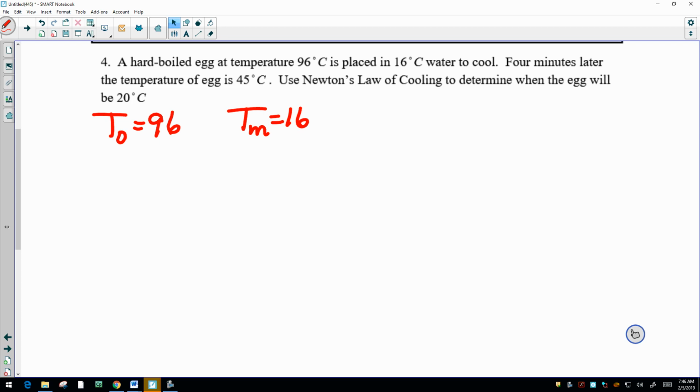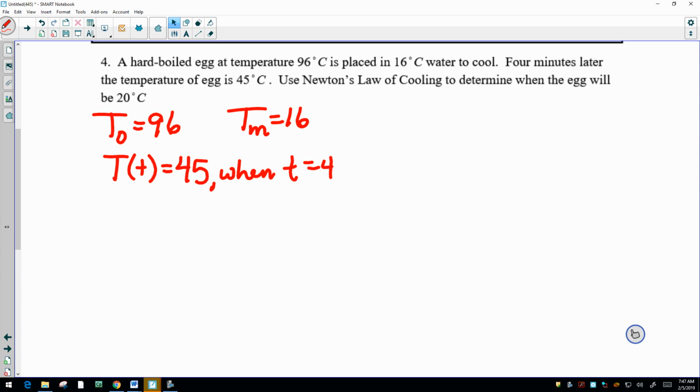4 minutes later, the temperature of the egg is 45 degrees Celsius. So that's a temperature at a specific time. What that's telling me is my big T of little t, T of t, is 45 degrees when I know my time is 4 minutes. So those two things are connected. Then it says use that law of cooling to determine when the egg will be 20 degrees.